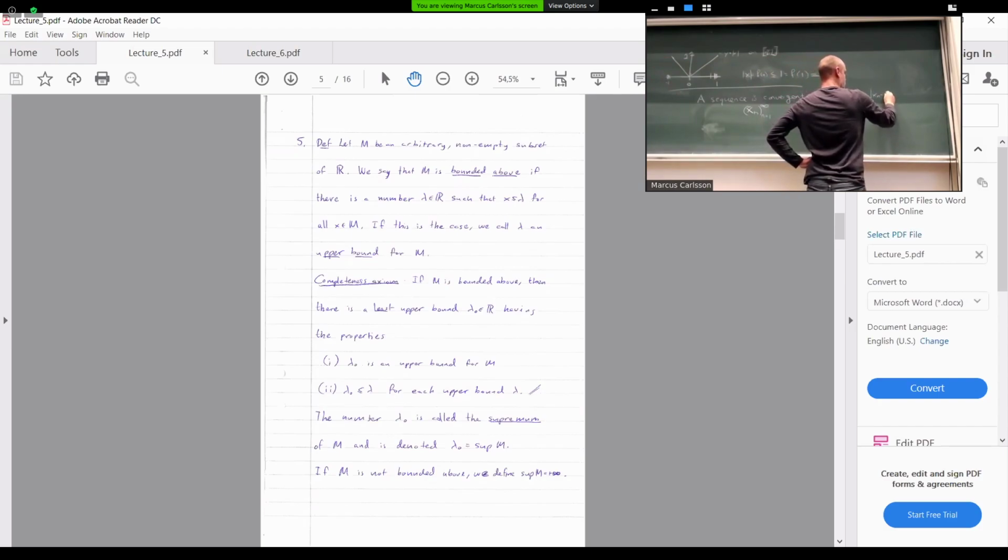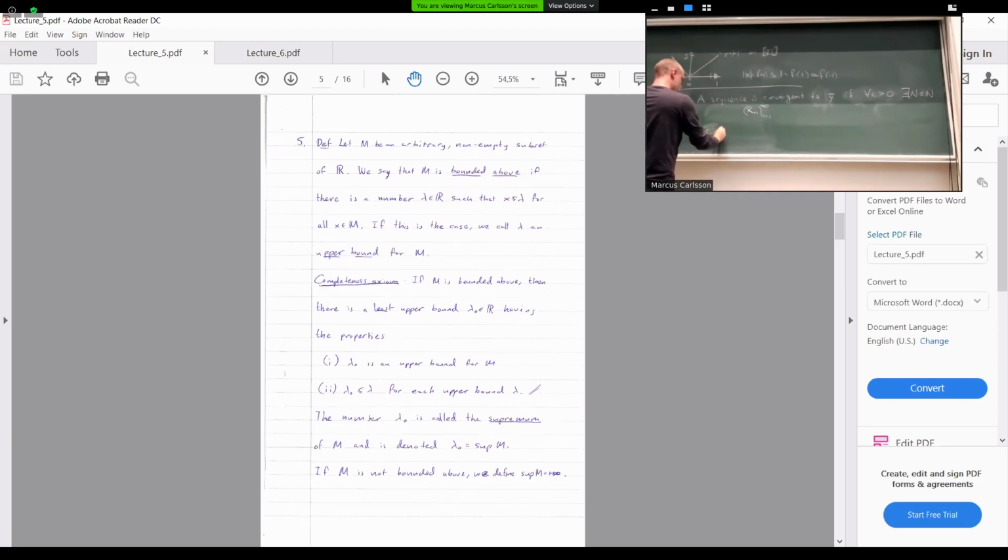So xn minus y is less than, oh, well. I have to introduce first my epsilon. It's convergent to y if for all epsilon bigger than 0, there exists an N, which is a natural number, such that xn minus y is less than epsilon for all n bigger than or equal to big N, right? This was our definition in the one variable setting.